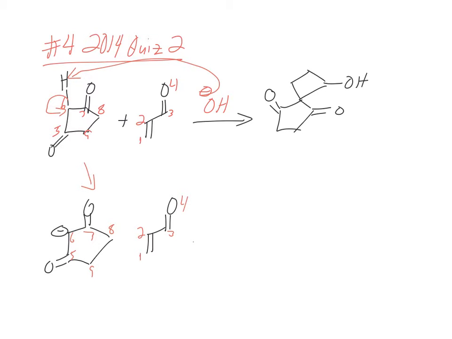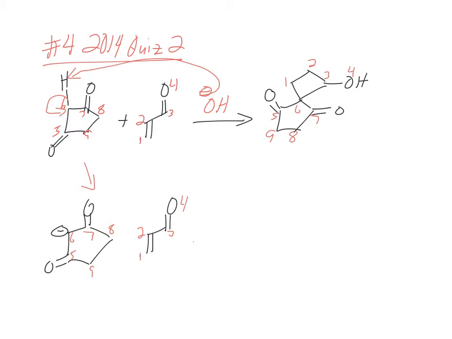Numbering our carbons, 9, 8, 7, 6, 5, 3, 4, 2, 1. All right? That's one of the first things you've got to do. A good numbering system helps. Got to have that numbering system down.